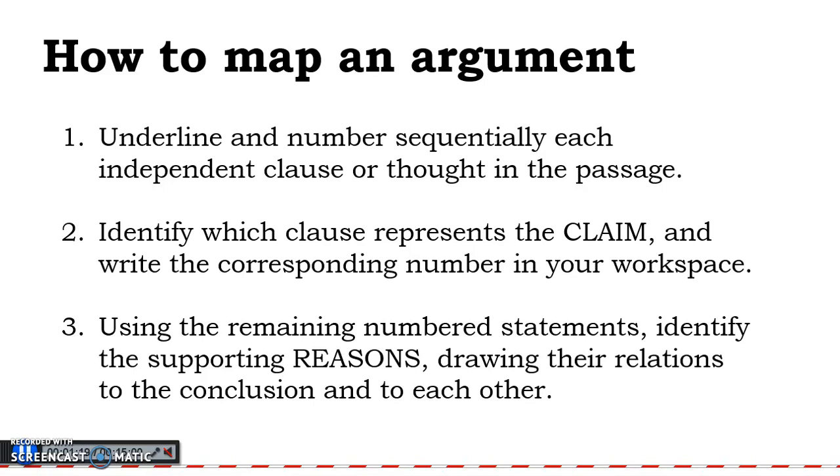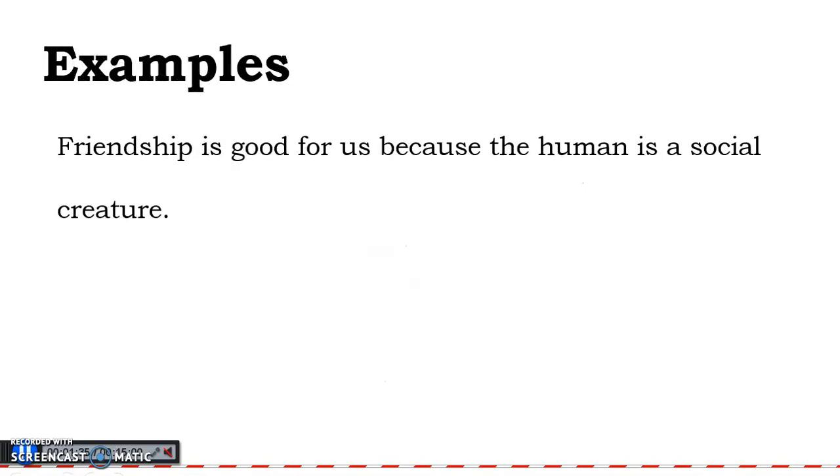Then, look through the remaining numbered statements, identify the supporting reasons which back up that claim, and draw the relations to the conclusion, and draw also the relations between supporting reasons. Let's look at concrete examples, because until we look at concrete examples, we won't understand these instructions.